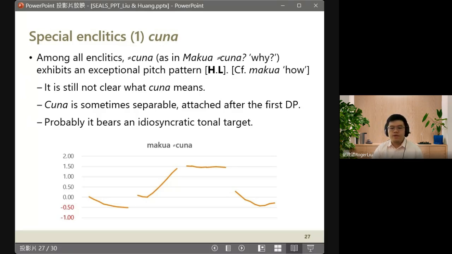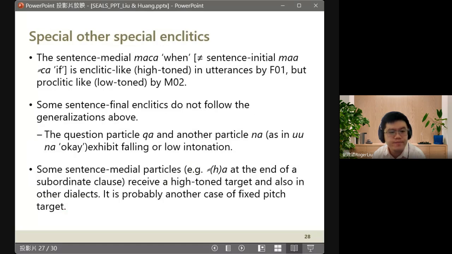An alternative explanation is that this is a disyllabic enclitic which may not fit in the usual enclitic schema, or there are some prosodic structures so that it cannot be well incorporated into the enclitic group.